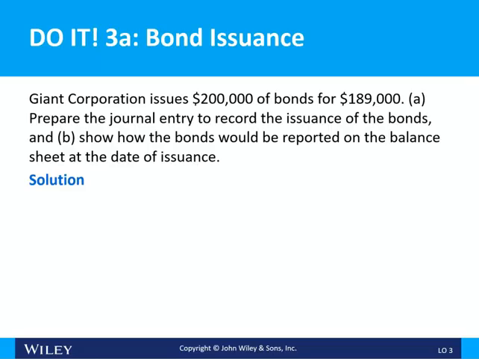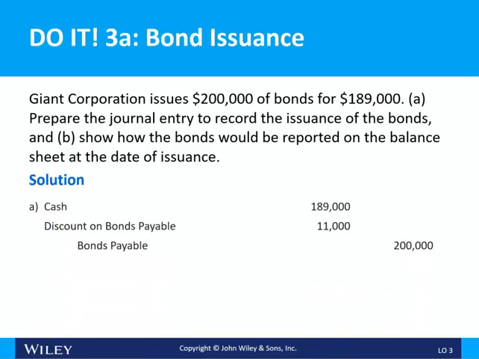Since we received less than the face value, we sold it at a discount. So we're going to debit cash the $189,000 that we sold it for, credit bonds payable at face value $200,000, and then we debit the discount on bonds payable, the difference, $11,000.